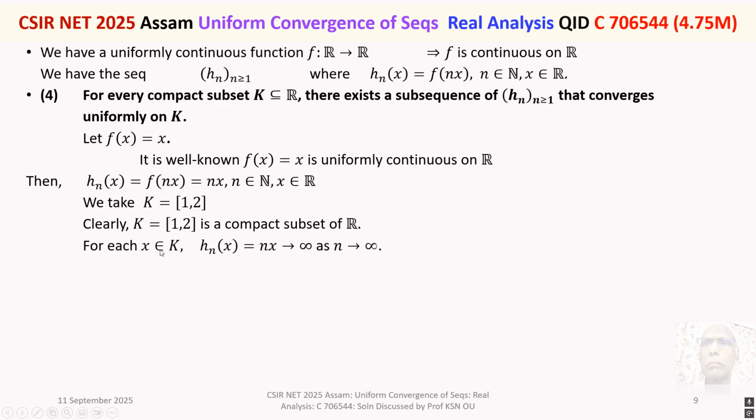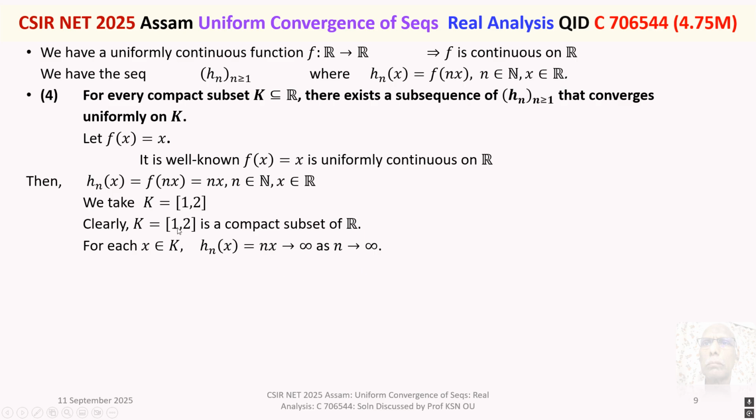For each x coming from K, h_n(x) = nx tends to infinity as n tends to infinity.